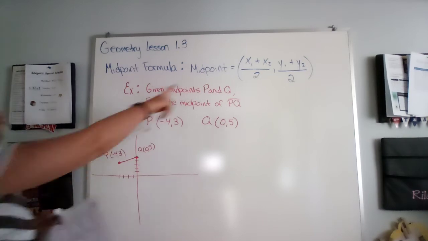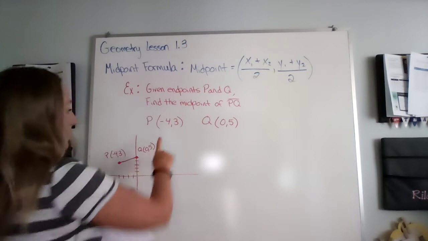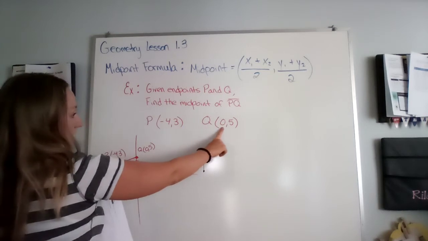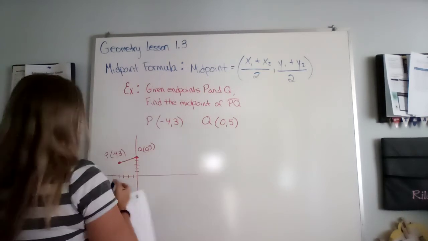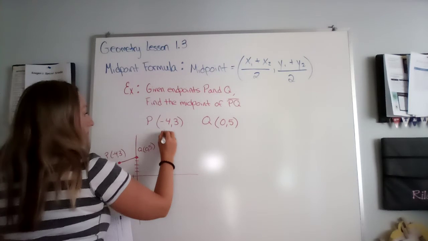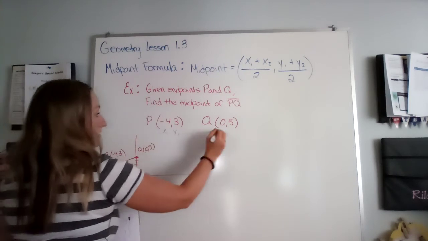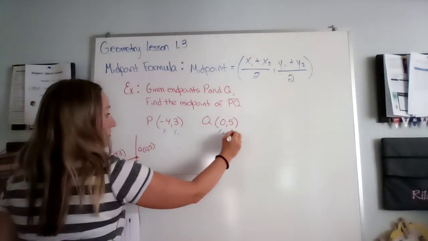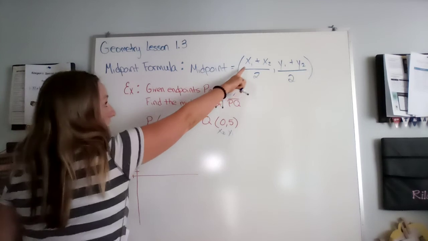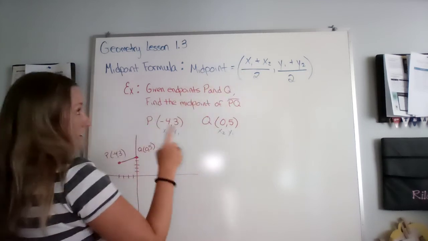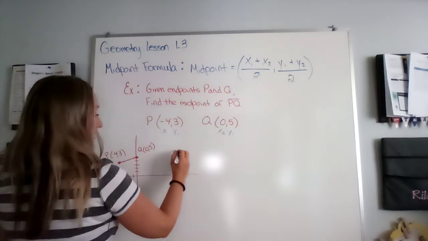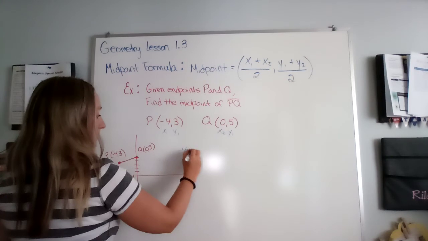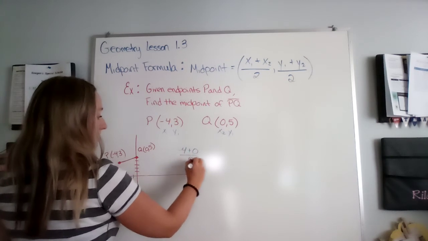All right, so the formula says you're going to take the x's and average them, add, divide by 2, and the y's and average them. And you can always label, this is x1, y1, this is x2, y2, and then plug into the formula. So for x1 and x2, you're going to add them together, -4 plus 0, and divide by 2.